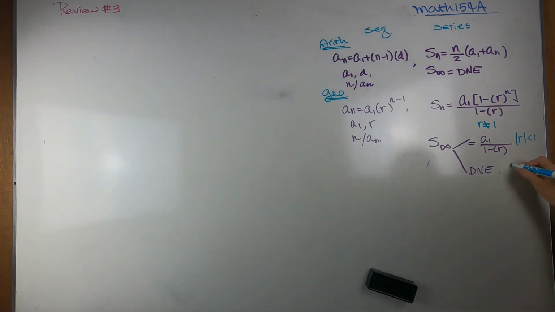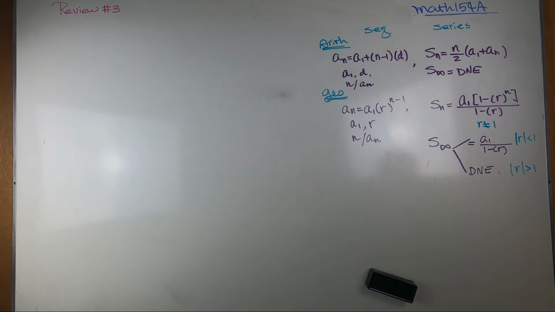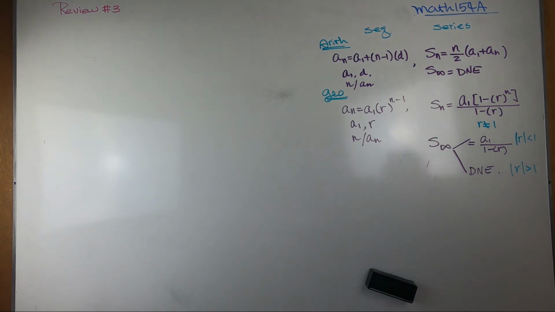But when the absolute value of r is bigger than 1, it gets bigger and bigger, so it doesn't exist, right? r cannot be 1 anyway. So either smaller than 1 or bigger than 1. If it equals 1, actually you cannot find the series, right?